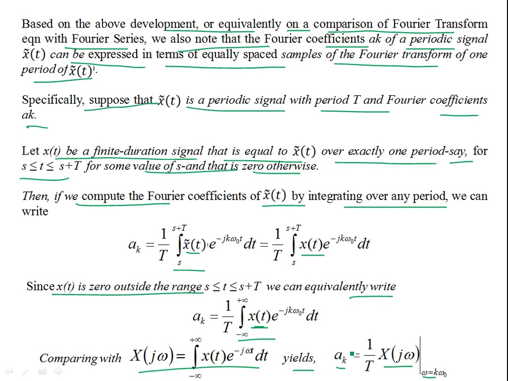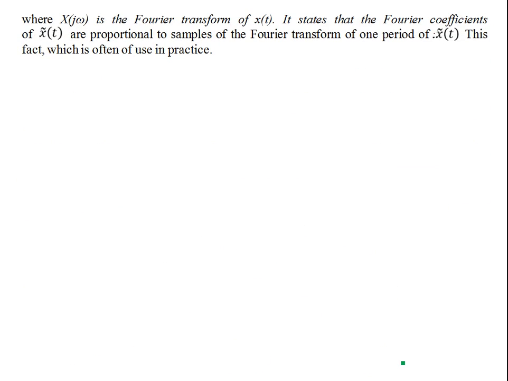That is how we initially started our discussion, when T was infinitely large, and in that case X(j omega) becomes the envelope of the Fourier coefficients. So a_k is 1 over T times X(j omega), where X(j omega) is the Fourier transform of x(t).